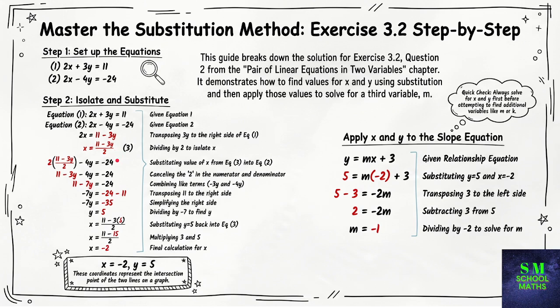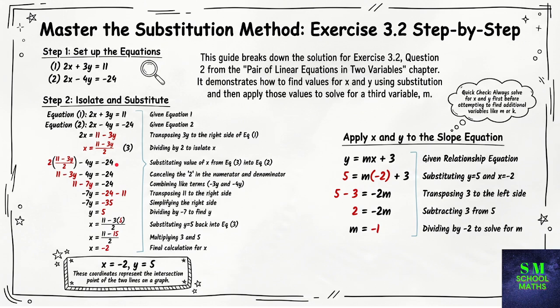After replacing x, our new equation will be 2 × (11 - 3y)/2 - 4y = -24. The 2 in the numerator and the 2 in the denominator cancel each other completely.